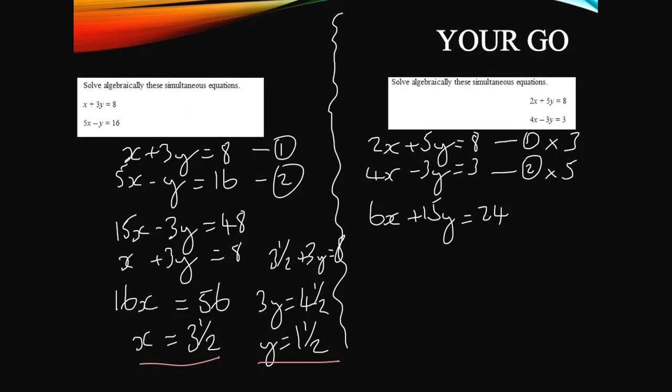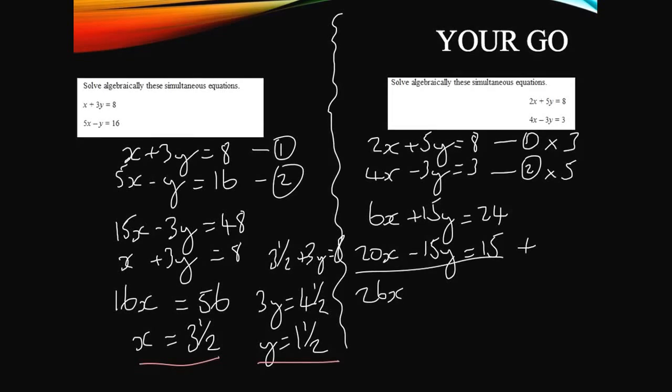And what am I going to do next? 20x minus 15y equals 15. Now I'm going to add these two equations together, which gives me 26x equals 39. Divide one by the other. So 39 divided by 26 is going to give me 1.5. Substitute that back in.